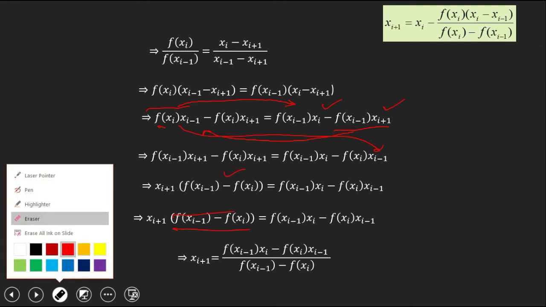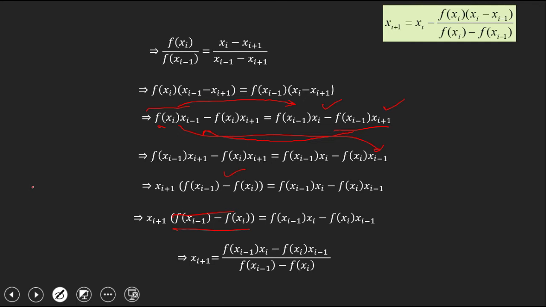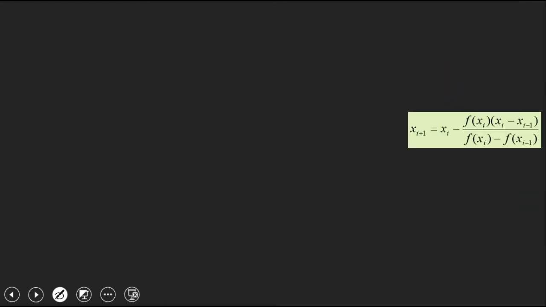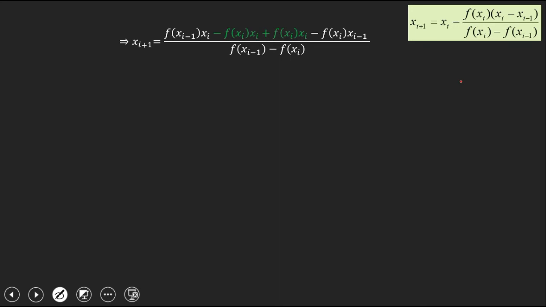If someone wants to use this scheme, they can use it as well. To simplify this scheme to the standard form, we will add and subtract this term.